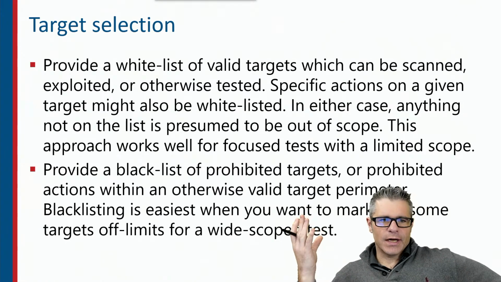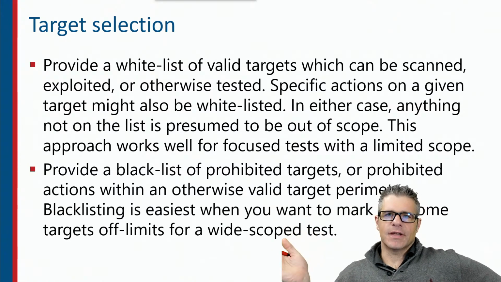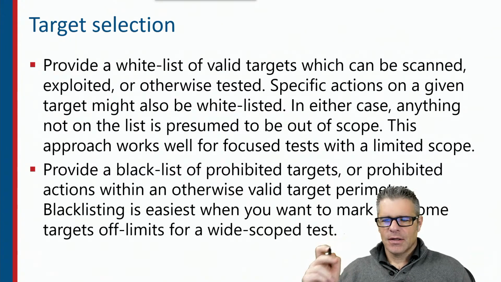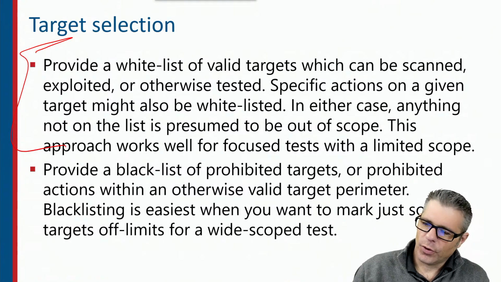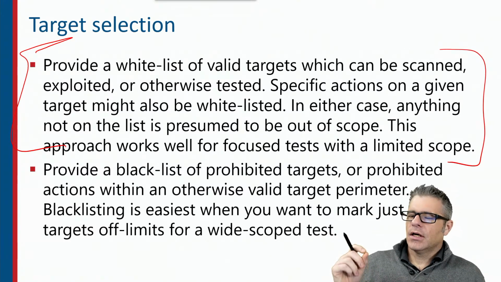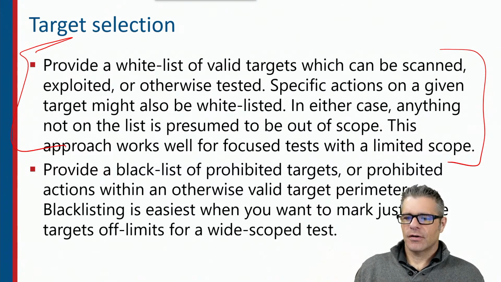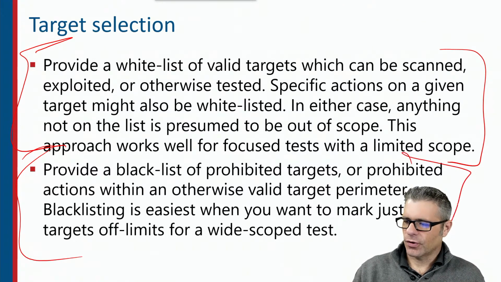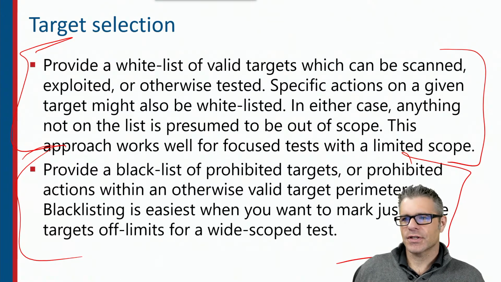Or you can do it the other way and say the following things are off limits and everything else is in limits. This would probably be for organizations that are a little more risk averse, and blacklists for those organizations that are less risk averse and willing to take a flyer that you might pop something that's going to be a problem.